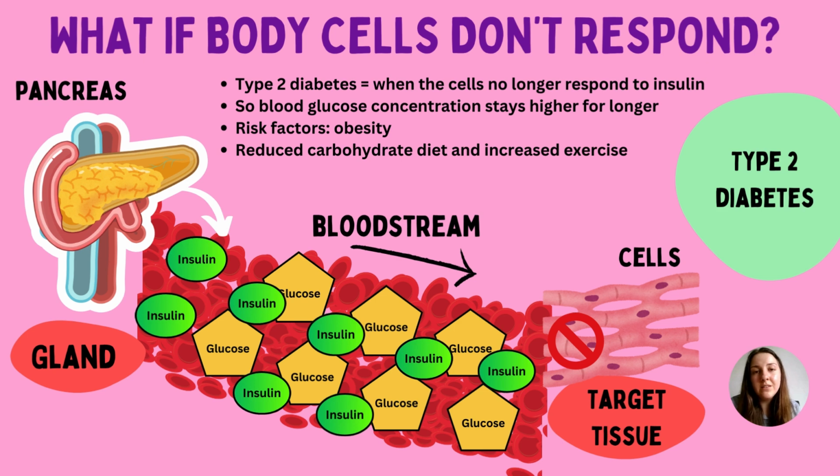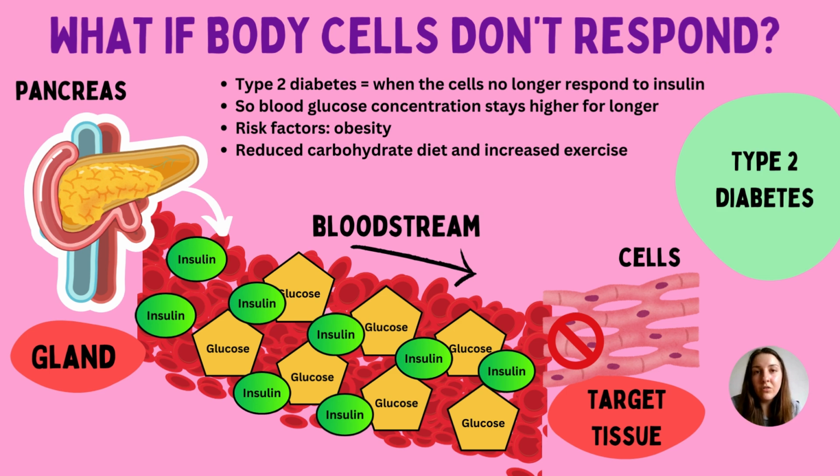However, if our insulin is constantly being produced, our cells actually become kind of unaffected towards it. And that means our cells no longer respond to the insulin. And that means that glycogen will no longer be formed, as glucose will no longer be taken up by those cells. So what happens is, again, glucose levels stay really high in the blood.